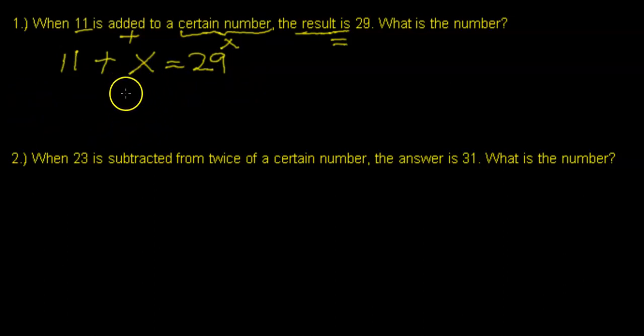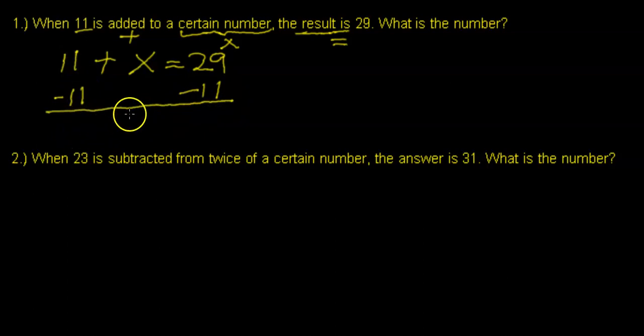Using the step-by-step method or the like terms together, where you arrange so that all x's are on one side and all non-x's are on the other side. So here we say if we subtract 11 and then subtract 11 on both sides, here 11 minus 11 cancels out.